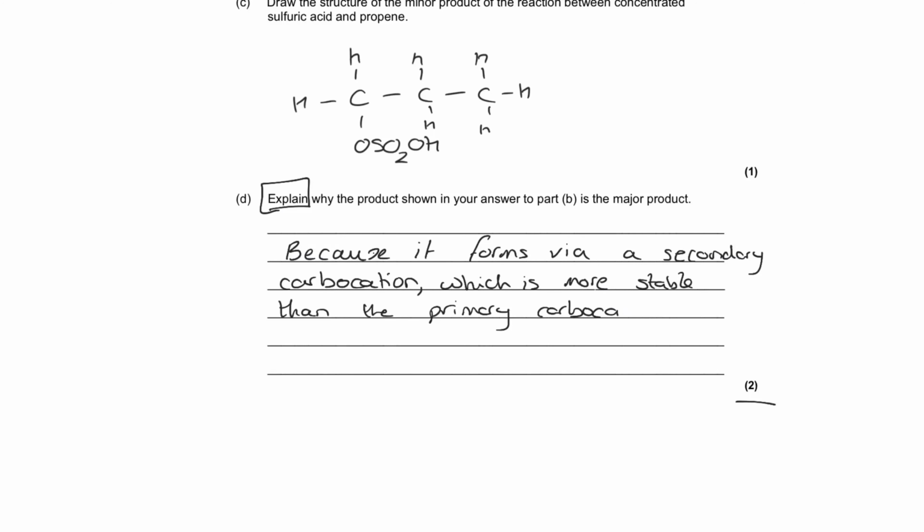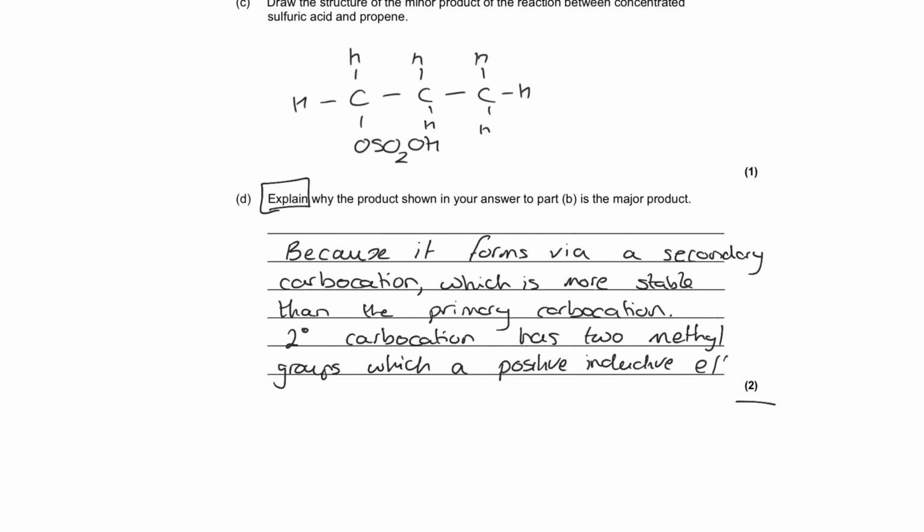Now it isn't explained, so we do need to explain our answer fully, and the reason for that is because the secondary carbocation has 2 methyl groups, or you could just say alkyl groups, which have a positive inductive effect, so stabilize the carbocation.